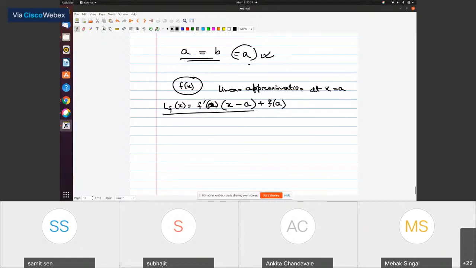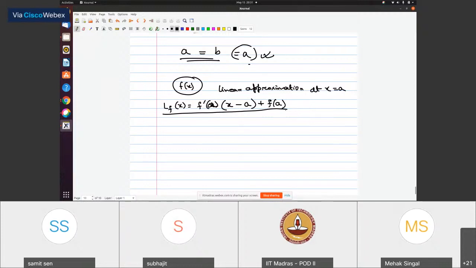This is the linear approximation of the function at the point x equal to a. It is nothing but the tangent of the function at that point. That is basically the linear approximation. Is it clear?